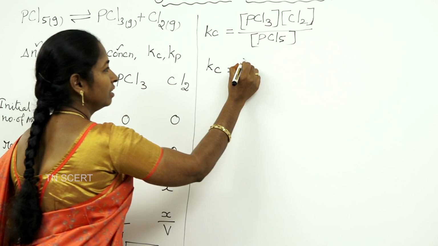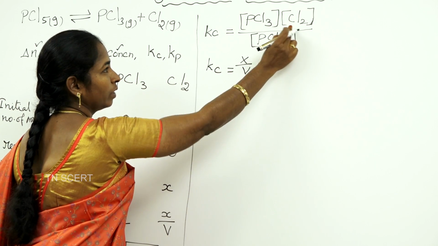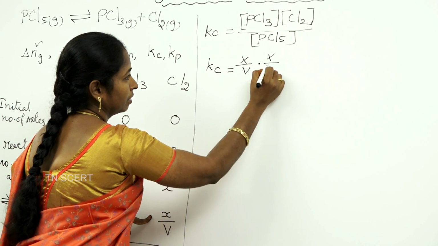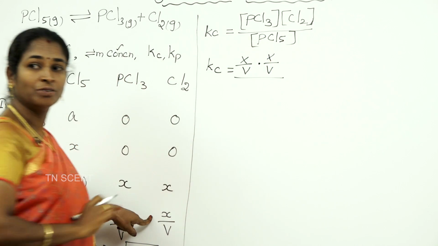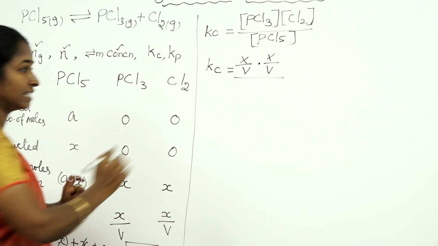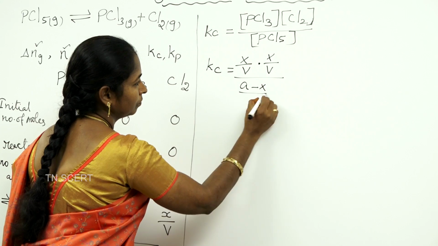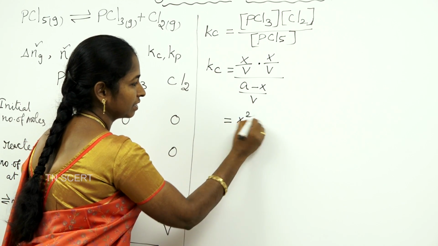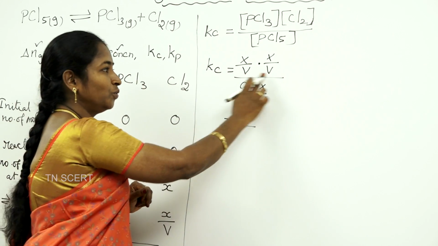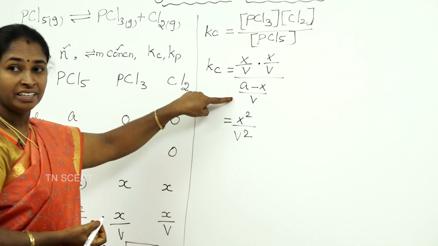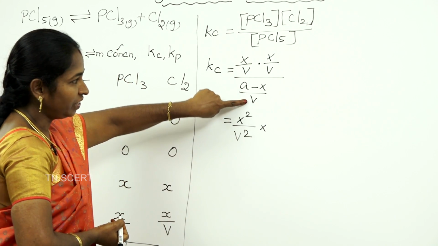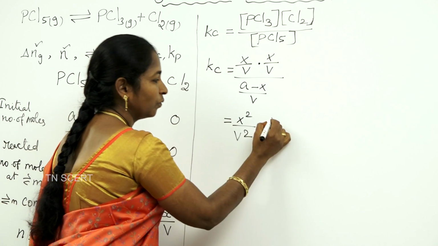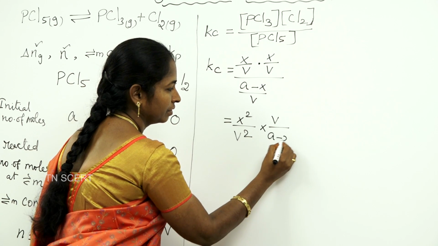It is X by V. So, X by V into the active mass of Cl2, it is again X by V, divided by the active mass of PCl5, it is A minus X by V. Now, rearrange this equation, which will give you X into X, that is X square divided by V into V, V square, into, put this V in the numerator and A minus X in the denominator because we are multiplying this value. So, V divided by A minus X.